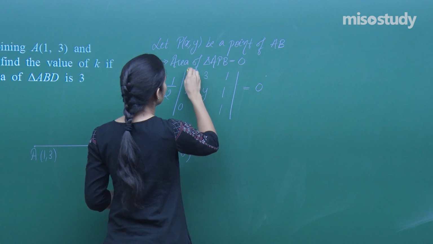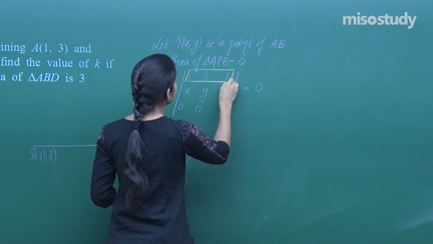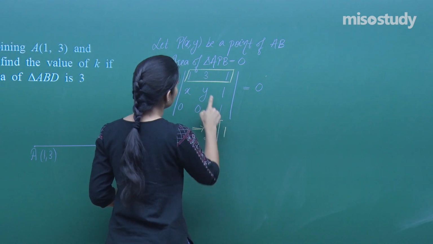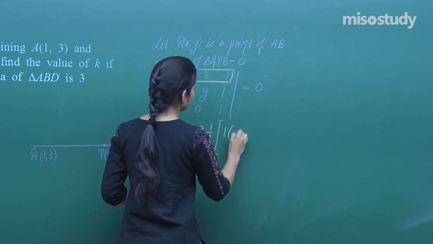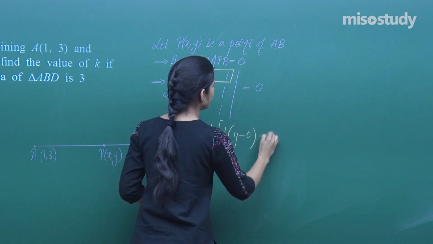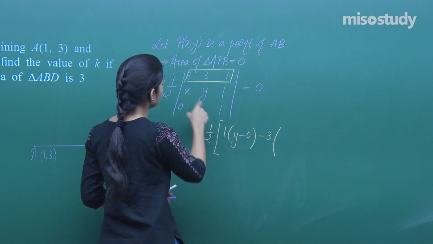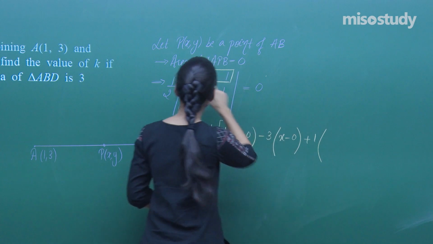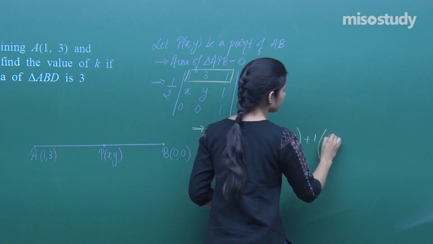Compute. If I compute it along this, I get 1 by 2. This is 1 times (y minus 0), minus 3 times (x minus 0), and then plus 1 times (0 minus 0).